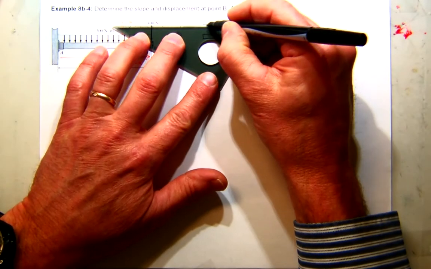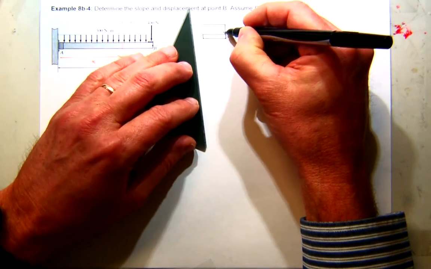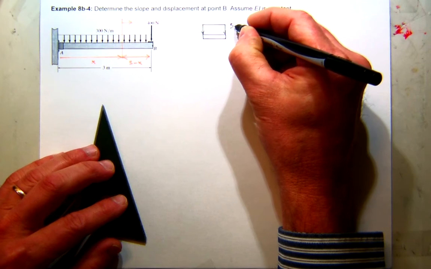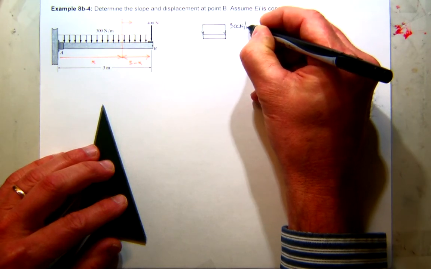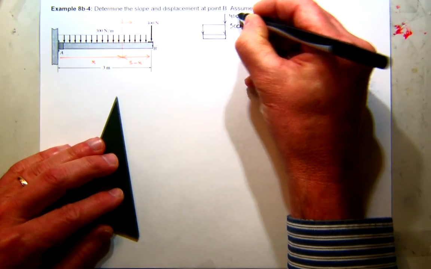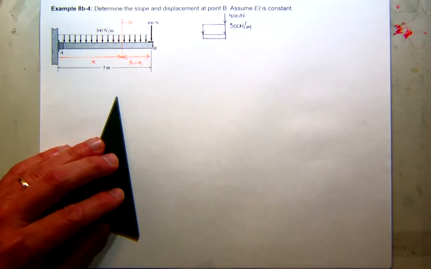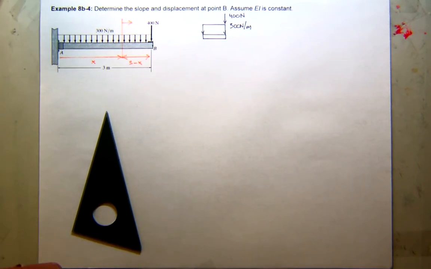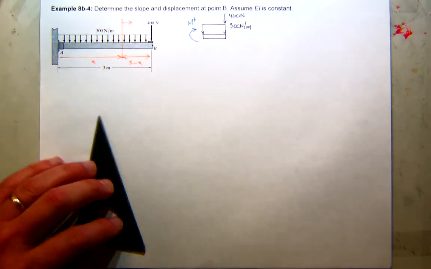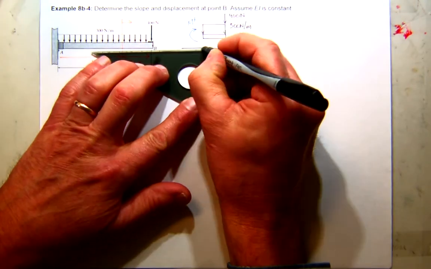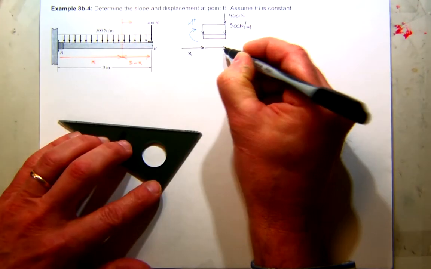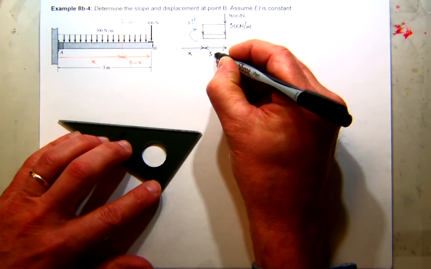I have a portion of the load, a uniform load that has an intensity of 300 newtons per meter. Also in the very end, I almost forgot it, there's the kind of invisible 400 newton load. And then at the cut, I will assume positive bending moment. The cut is at an arbitrary distance x, and that leaves the right-hand segment at a length of 3 minus x.